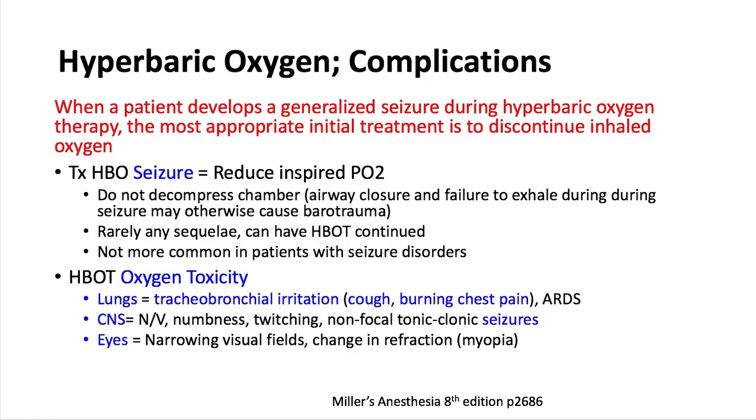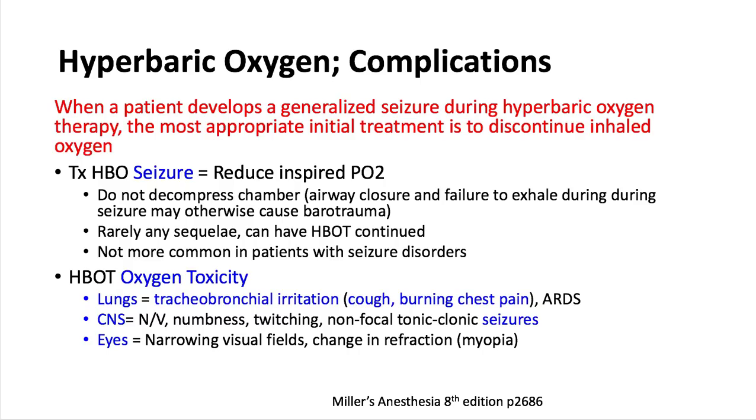Some complications of hyperbaric oxygen. One of the gaps in knowledge published over the last several years by the American Board of Anesthesia is that if a person develops a seizure while they're receiving hyperbaric oxygen, that's really usually oxygen toxicity, and the most appropriate initial treatment is just to discontinue the inhaled oxygen, stop giving them such high concentrations, and they stop seizing.